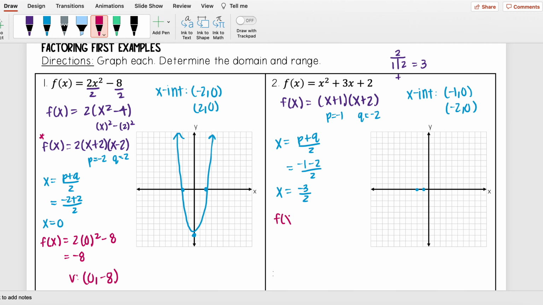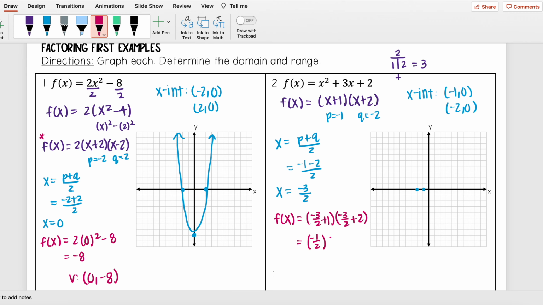And so I have f of x is equal to, I'm going to go ahead and plug it into my factored form here. So I have negative 3 halves plus 1, and then negative 3 halves plus 2. Now when you add these together, you should have negative 3 halves plus 2 over 2, because 2 over 2 is the same thing as 1, and so you'd get negative 1 half.